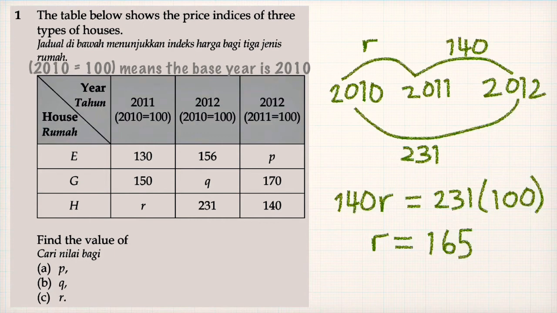So we calculate: R times 140, so we have 140R, equals 231 times 100. You always multiply 100 with the longer leap value. When you do this, you get the R value of 165.